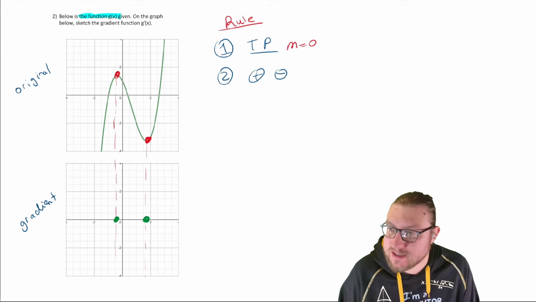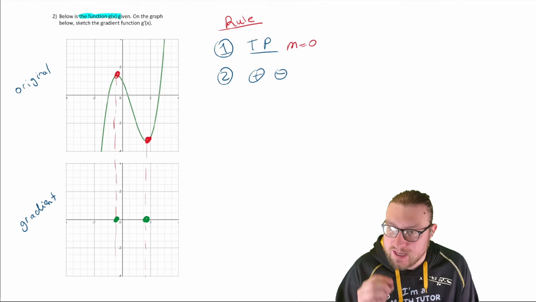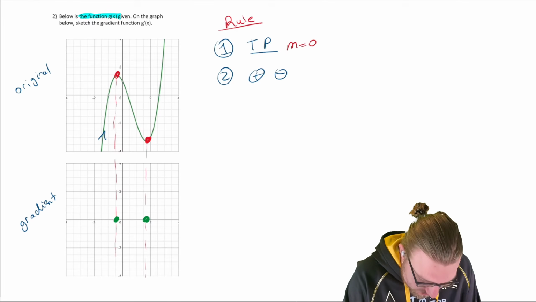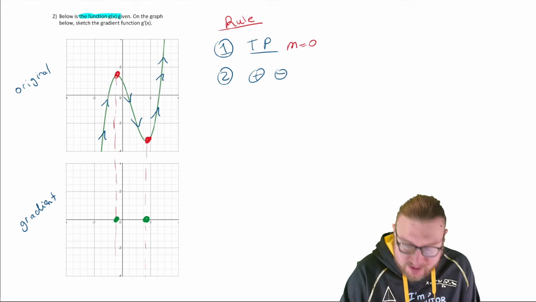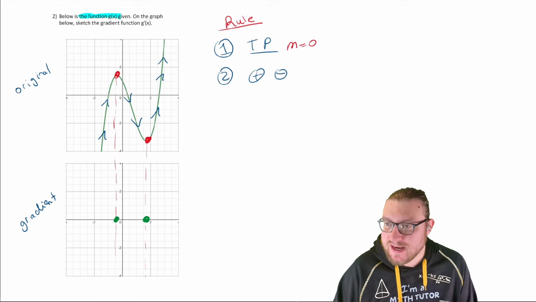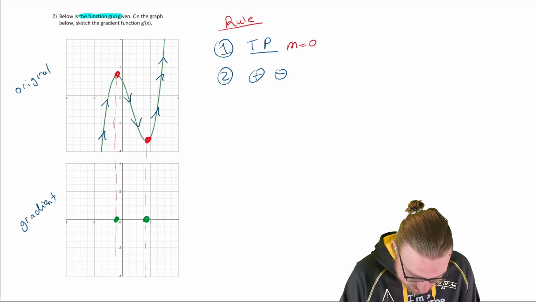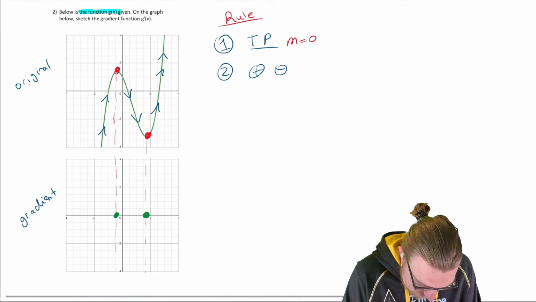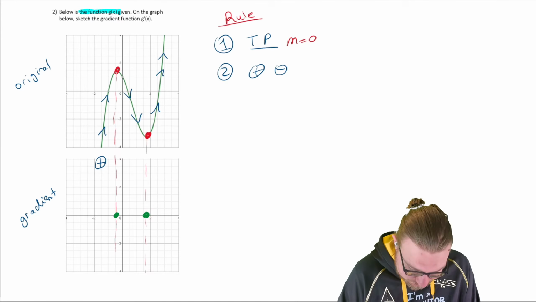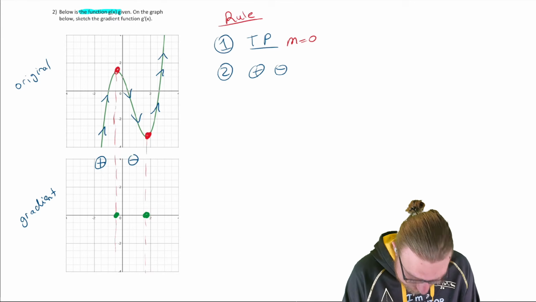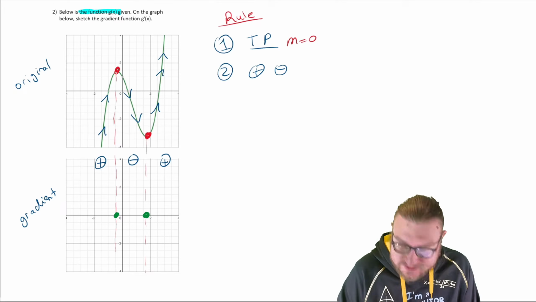I'm just going to do a plus and a minus. So we go to the original one. The original is going to get the arrows, because that shows us if we're going up or down. And then in the bottom of the graph, we're going to get a plus or a minus. So here we're going up, so that means we are going to be in the plus. After the turning point, we're in the negative and then again in the plus.